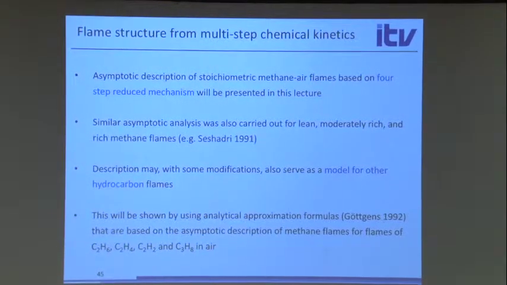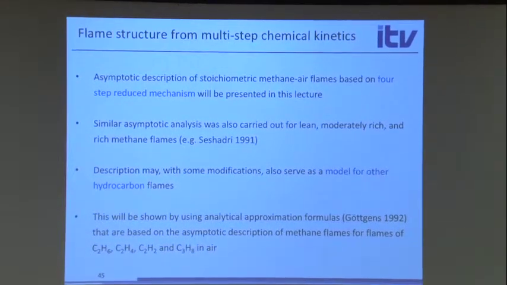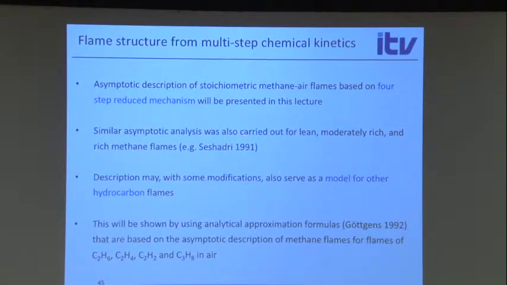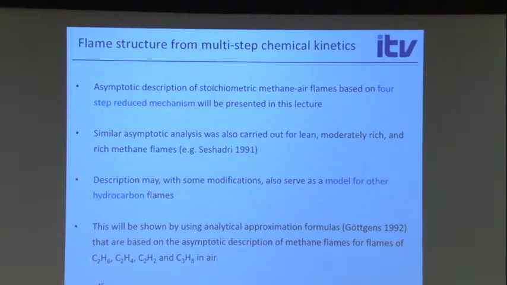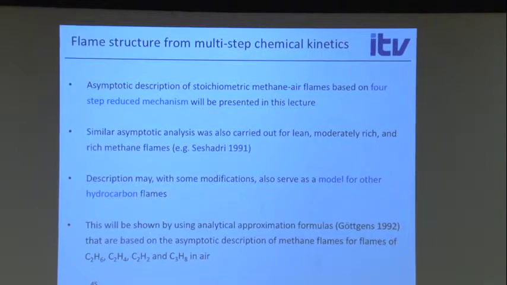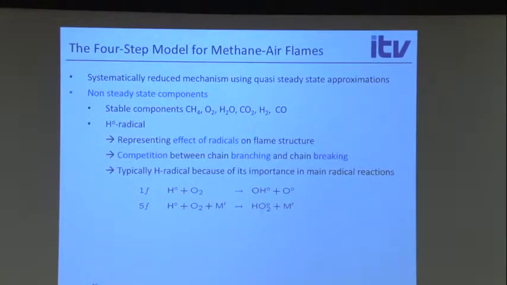Just consider the most important reactions, and then we come to a solution. We'll see that this 4-step mechanism is for methane, but I'll tell you what the difference is for other hydrocarbon flames. And then finally, we'll use the results we get for an approximation formula.